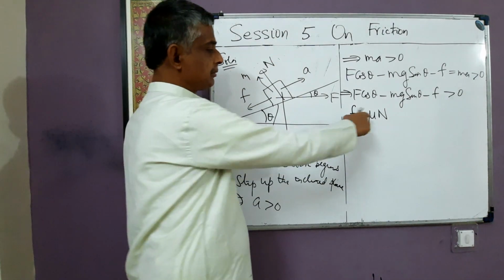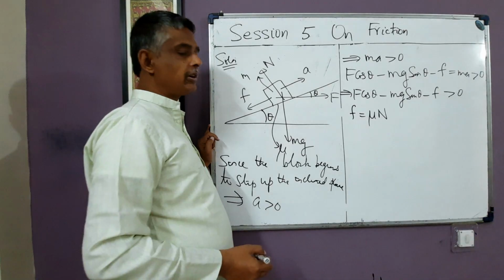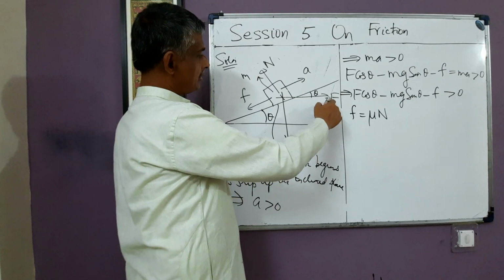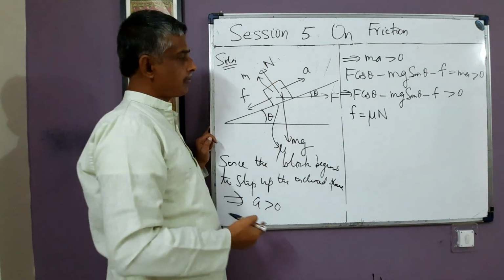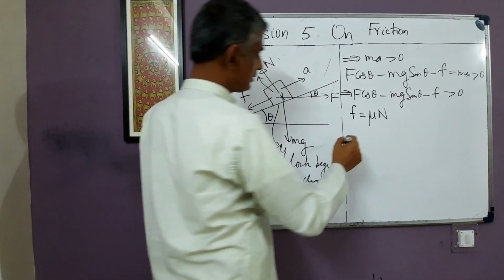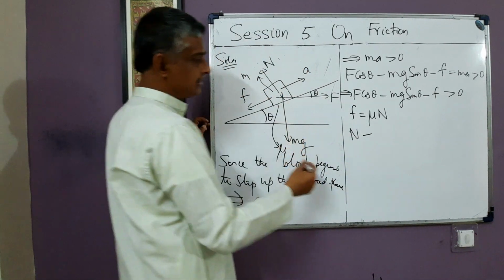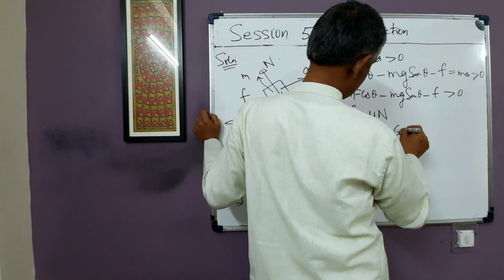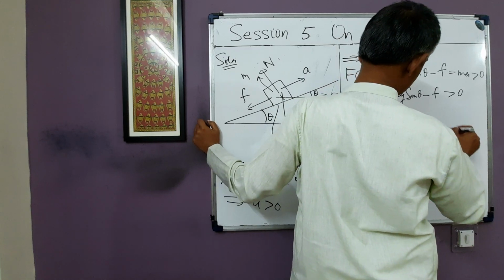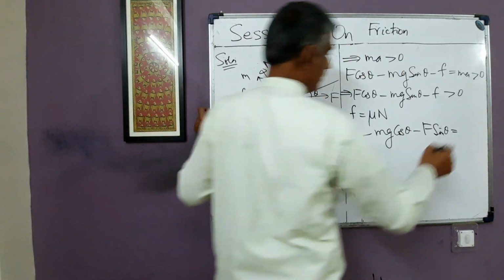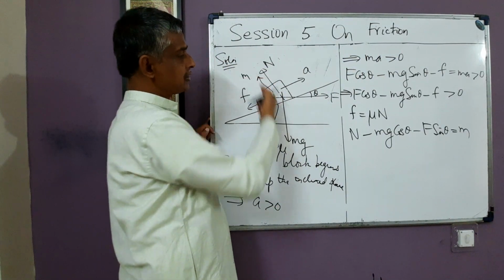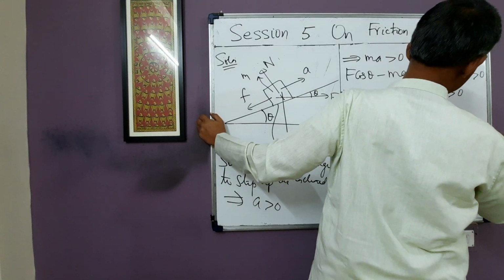Now how to determine the value of N? To determine the value of N, I apply Newton's second law to block along N. In this direction, this F has no component. So if I apply Newton's second law to block with respect to ground in direction of N, what do I write? N minus mg cos theta minus F sin theta is equal to mass times acceleration of block with respect to ground in this direction, which is simply m a cos 90 degree.